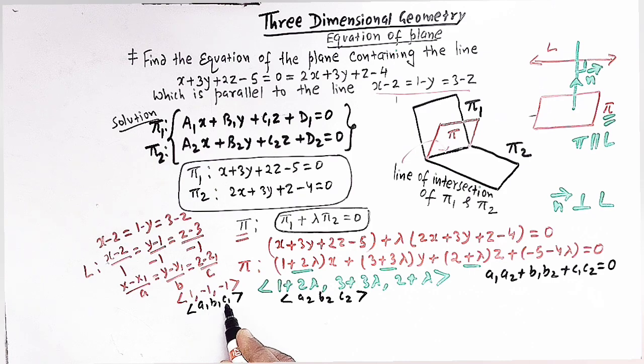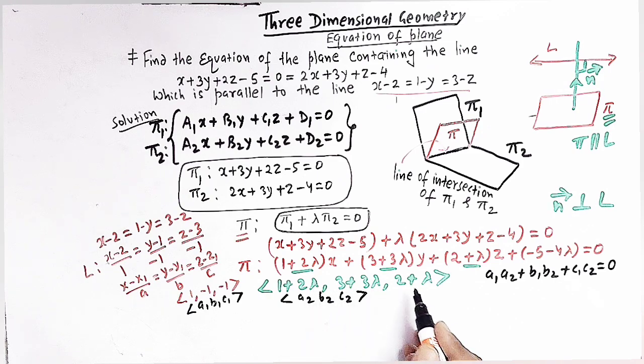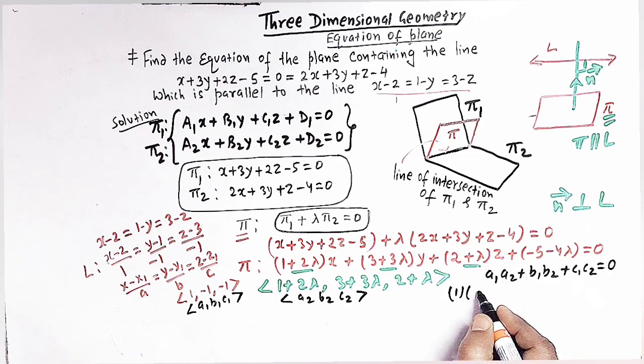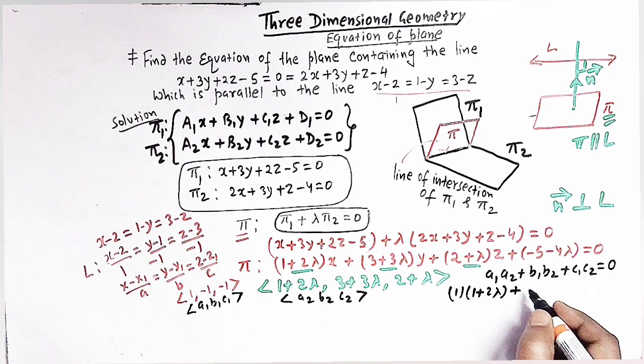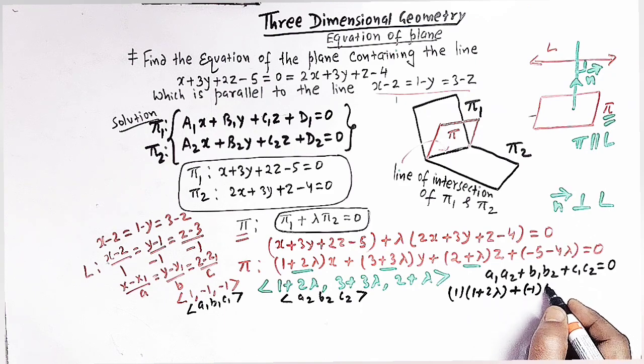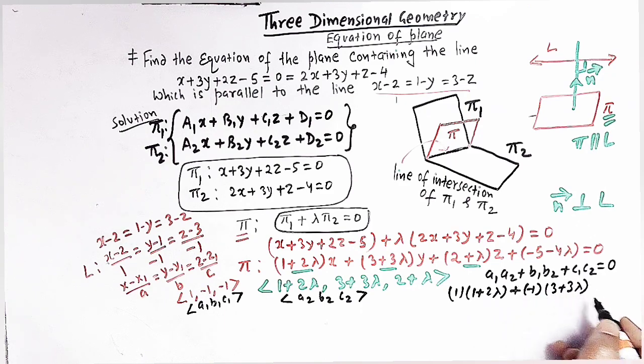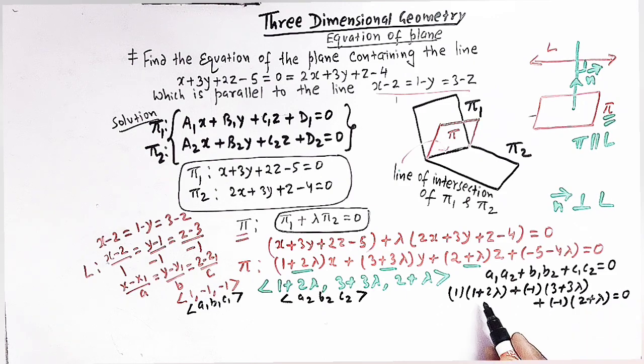Here a1, b1, c1 are 1, minus 1, minus 1, and a2, b2, c2 are 1 plus 2 lambda, 3 plus 3 lambda and 2 plus lambda. So here we have 1 times 1 plus 2 lambda, then b1 as minus 1 and b2 is 3 plus 3 lambda, and then c1 is minus 1 and c2 is 2 plus lambda, is equal to 0. So now we have a linear equation in lambda.